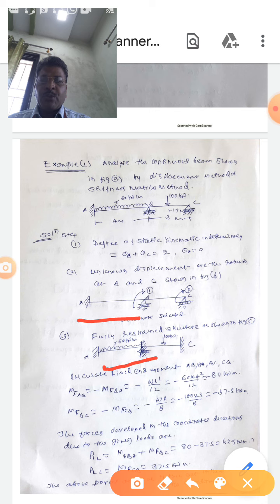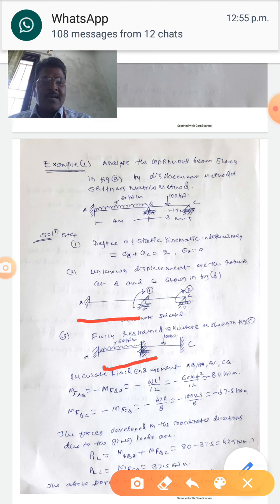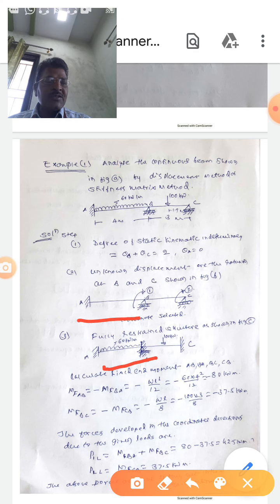Similarly P2L is equal to MFCB, that is 37.5 kilonewton meter. The above forces are positive if they are in the positive directions of the coordinate system. So now we can go to step number 4, the stiffness matrix.